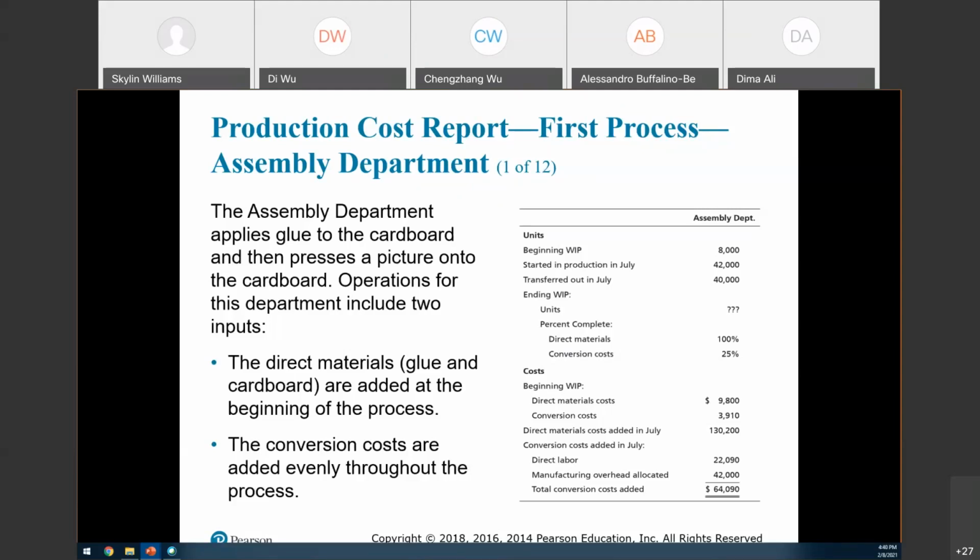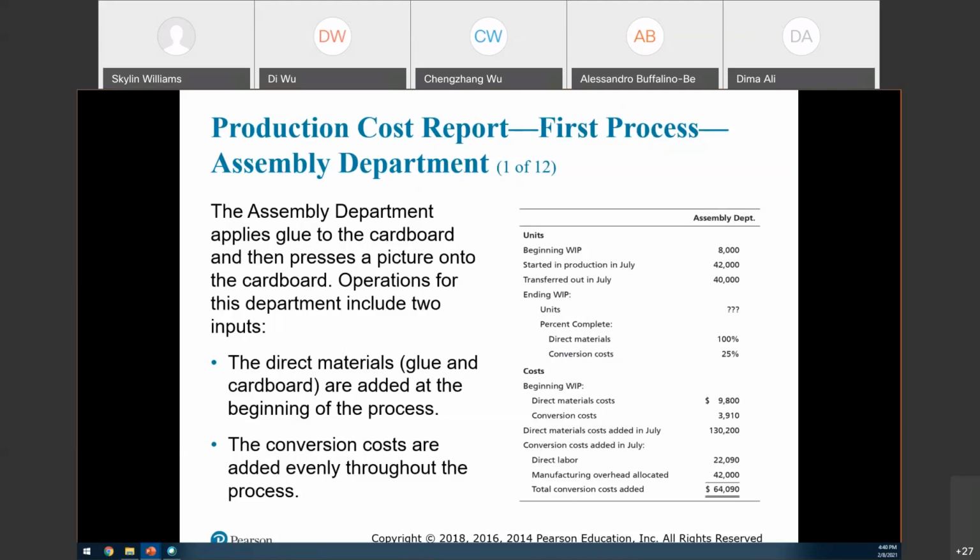Okay, the assembly process applies glue to the cardboard and then presses a picture onto the cardboard. Operations for this department include two inputs. First, the assembly department's direct materials are added at the beginning of the process.